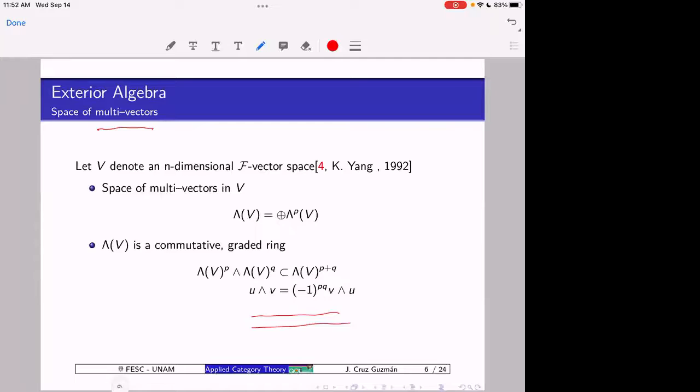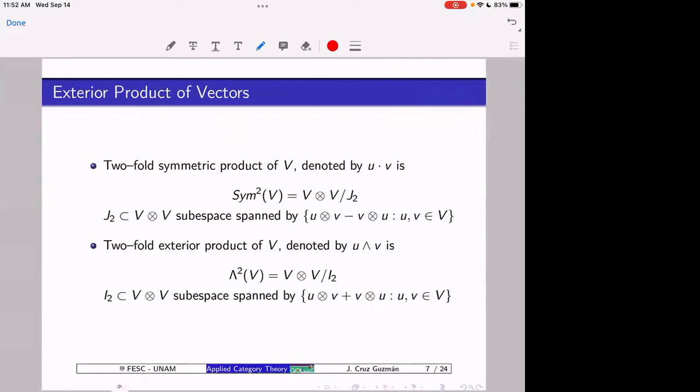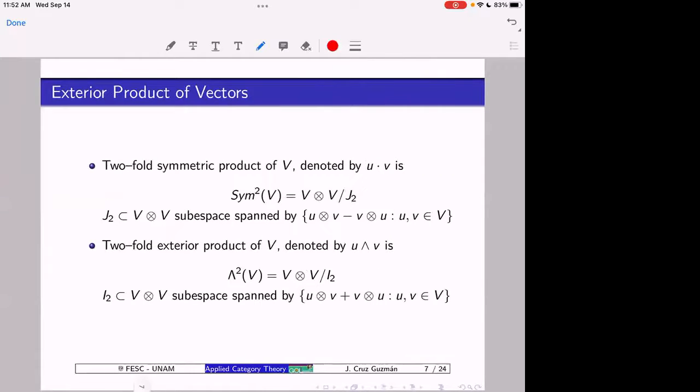Then okay, we are in this way, and here we have two kinds of products, but those are products between multivectors, no? Between multivectors.